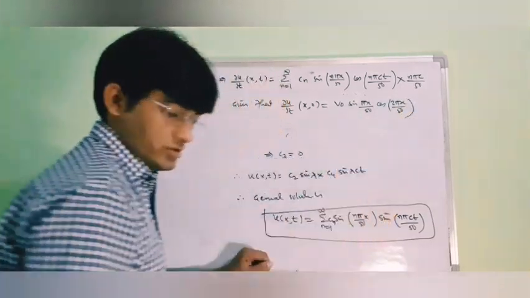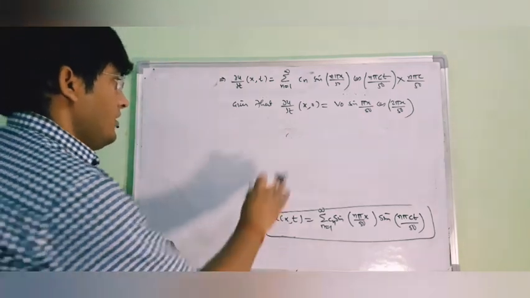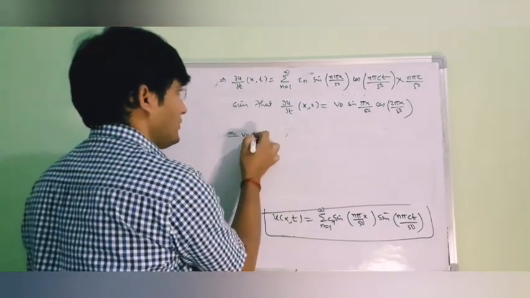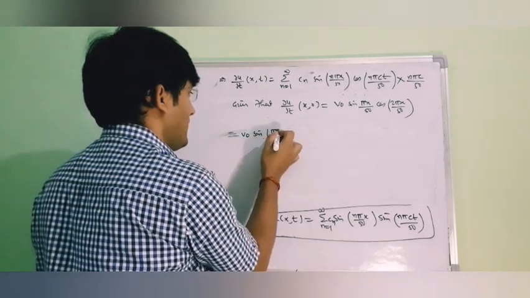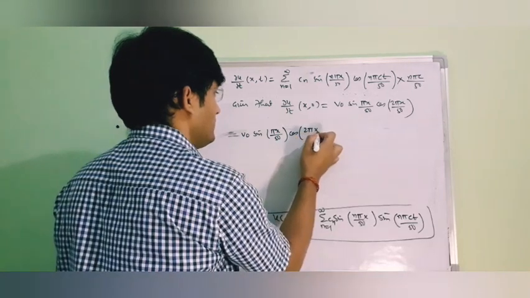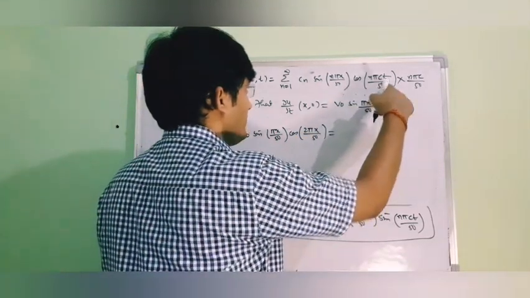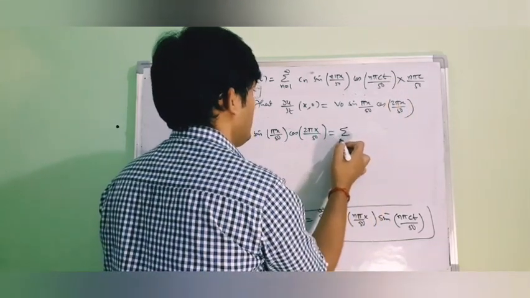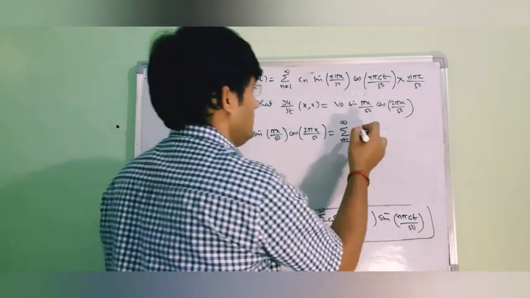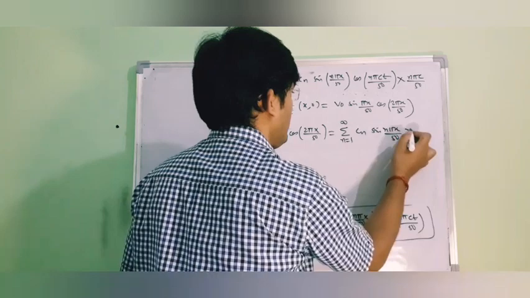So using this condition, we have v naught sin pi x upon 50 into cos 2 pi x upon 50 is equal to, now because t is 0, so this term will get vanished. So from here we will have n equal to 1 to infinity cn sin n pi x upon 50 multiplied by n pi c upon 50.